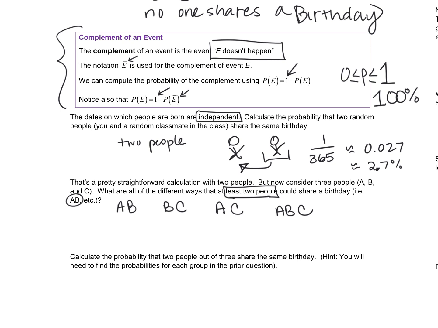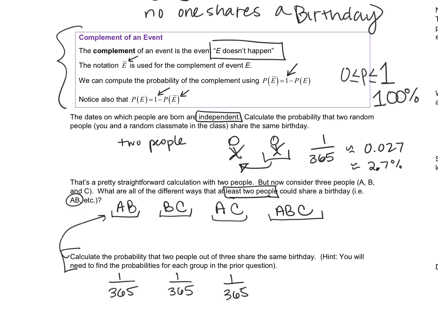So if we want to calculate the probability that 2 out of 3 share the same birthday, it says that we need to find the probabilities for each group in the prior question. If we know that the probability that those first 2 share a birthday is 1 out of 365, then let's consider these ones. That would be 1 out of 365. And then those 2 sharing, that would be 1 out of 365.